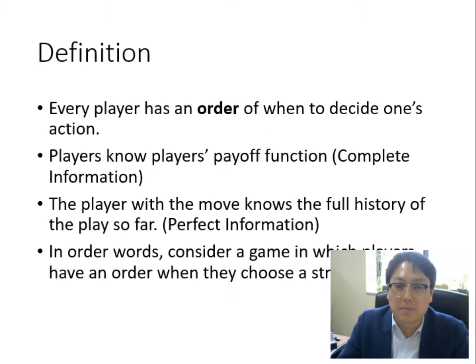What is it? Its definition is like this. Previously, when we were doing a normal form game, it was composed of 3 components. One is the player, the second is the strategy, and the other is the payoff. But here, one thing is added, that is the order.